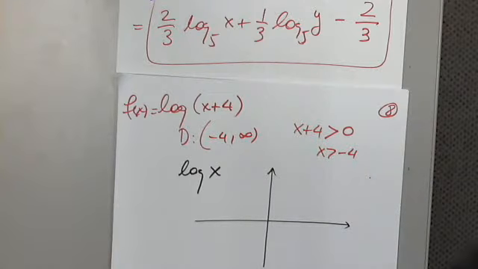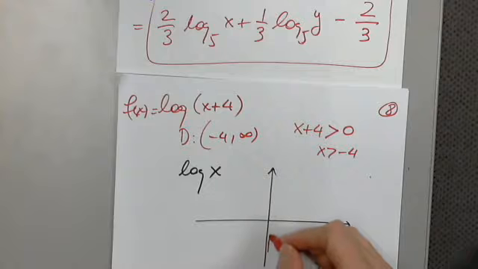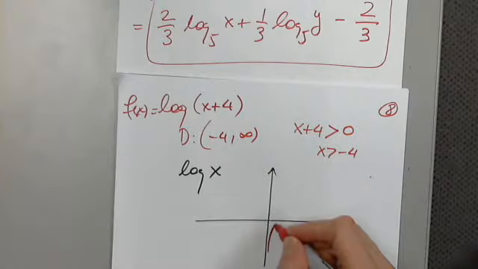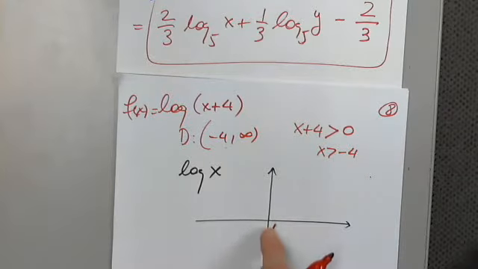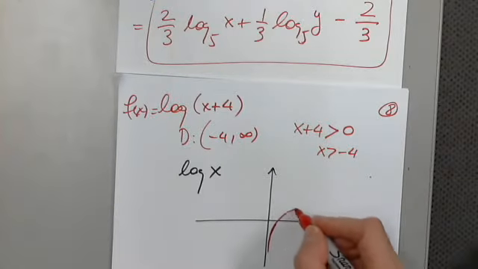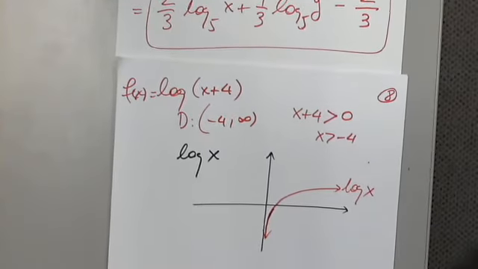Increasing. Yes. Every time the base is greater than 1, both functions, the exponential and log, must be increasing. Where does it cross the x-axis? The pure log function crosses at 1, 0. Exactly. It has to be reversed from the exponential. So this is log x.